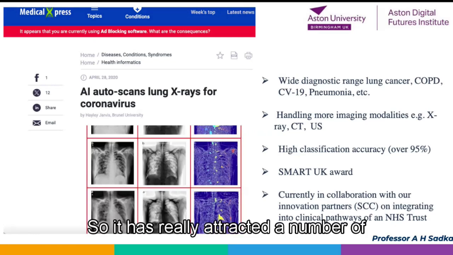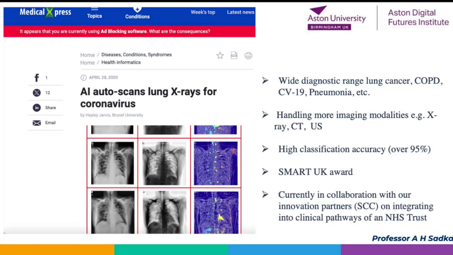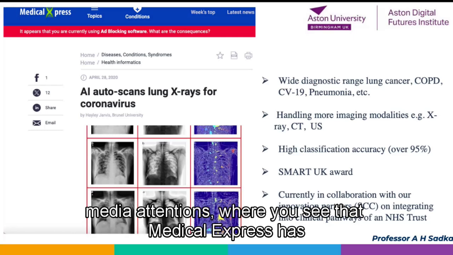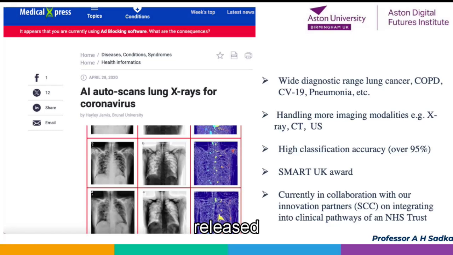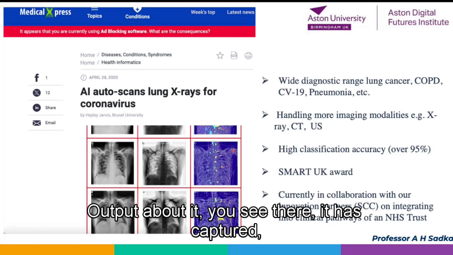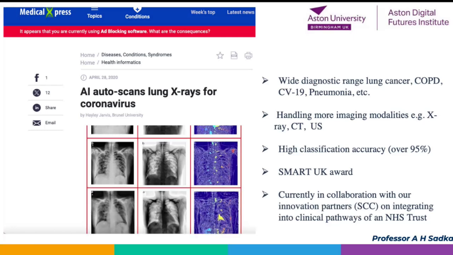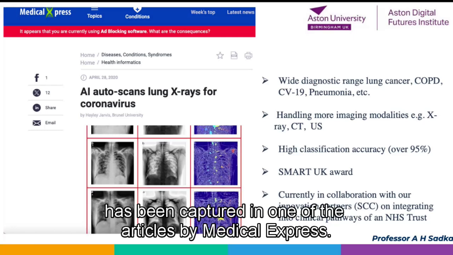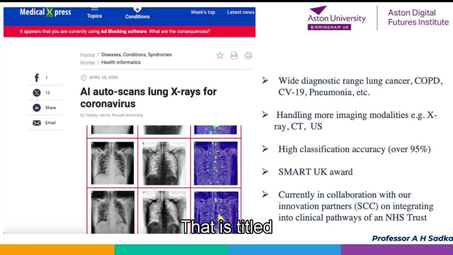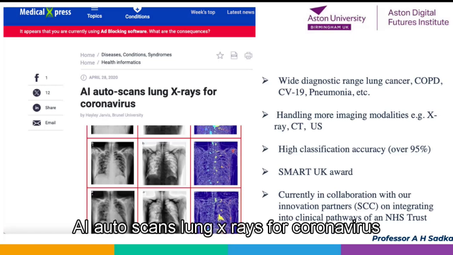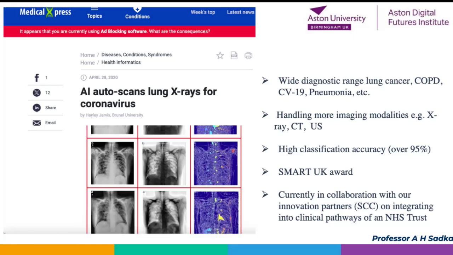So it has really attracted a number of media attentions, where you see that Medical Express has released a media output about it. This has been captured in one of the articles by Medical Express that is titled AI Auto Scans Lung X-rays for Coronavirus.